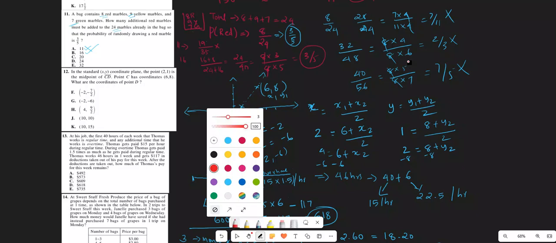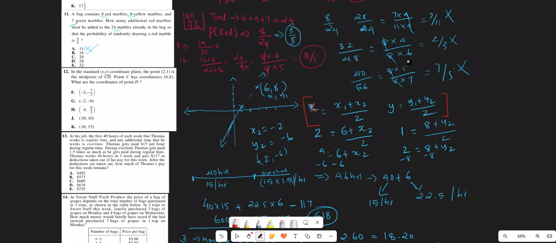The x coordinate of the midpoint is x1 plus x2 by 2, and the y coordinate of the midpoint is y1 plus y2 by 2. Suppose you have a line passing through 2 points, x1, y1 and x2, y2. To find the midpoint, you can use this equation.